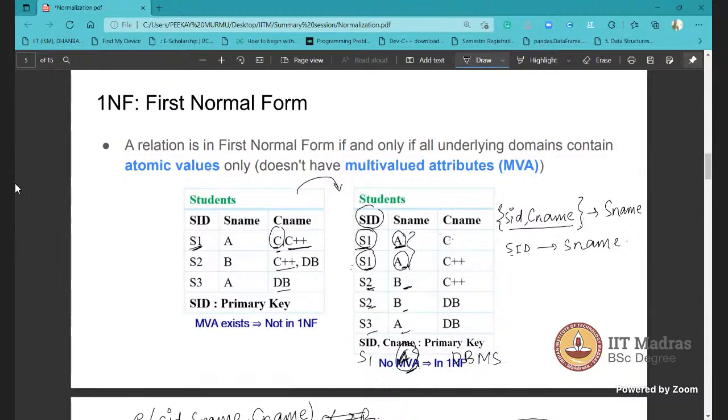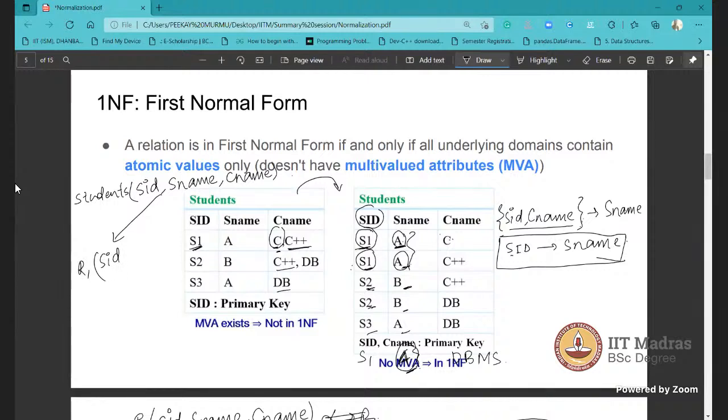So here you can see the student table: SID, SNAME, and CNAME, right? So we decomposed into R1, and what does that particular R1 contain? What are the attributes? SID and SNAME, right?